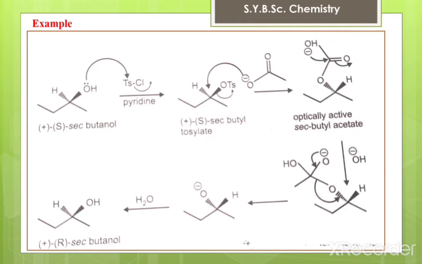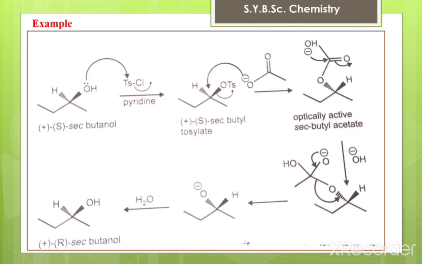Here the optically active plus S secondary butanol on reaction with para-toluenesulfonyl chloride in pyridine is converted to the tosylate derivative with retention of configuration, as no bonds have been broken at the chiral carbon atom.